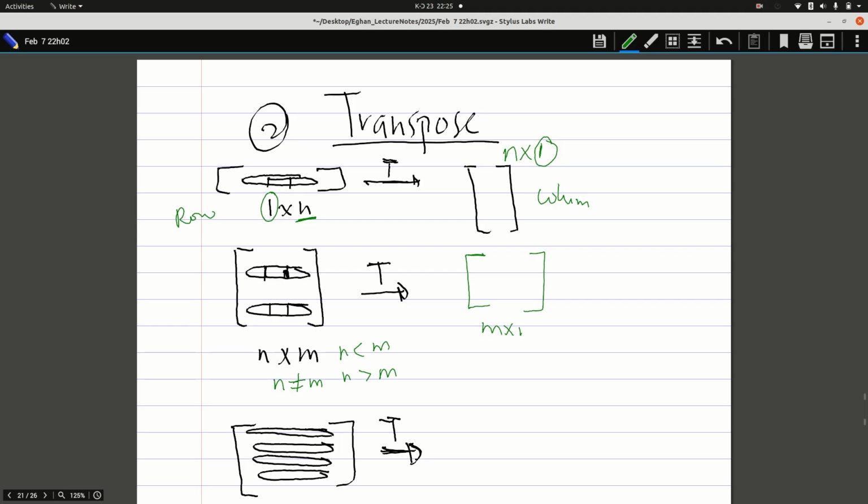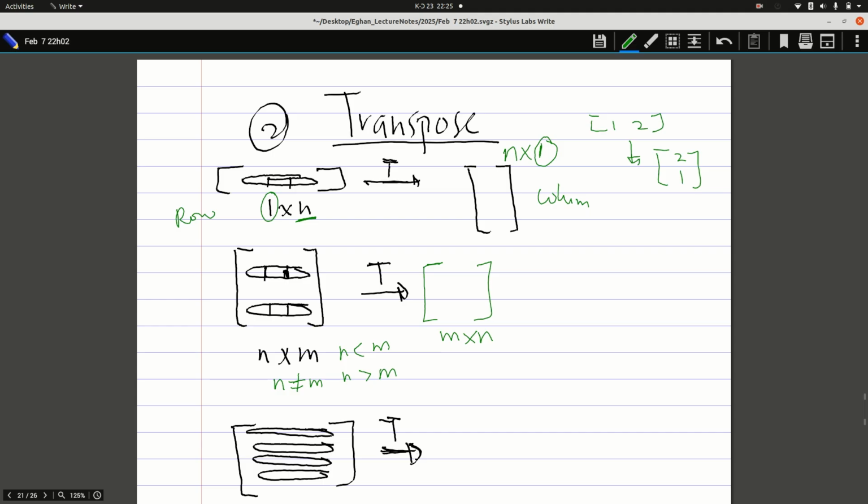An example: if I have 1 and 2, the transpose will become 2 and 1, row to column. So the rectangular shape will not change, but the dimension would change to m by n.